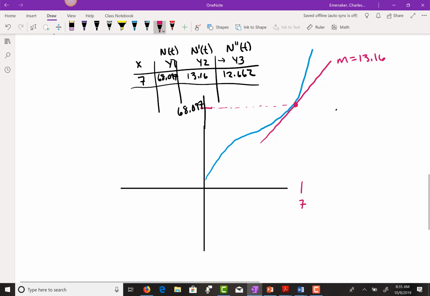Now, from Apple's point of view, they don't care that it's a slope, other than the fact that 13.16, well, first off, that's 13,160,000. That's a whole lot of iPads, isn't it?